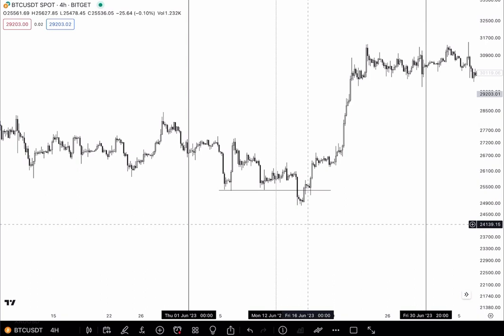The manipulation phase, because there's always an opening range for the candle. Sometimes it's less, sometimes it's more, depending on the average range of the candles, or the amount of pips or points it is going into a Judas, right?